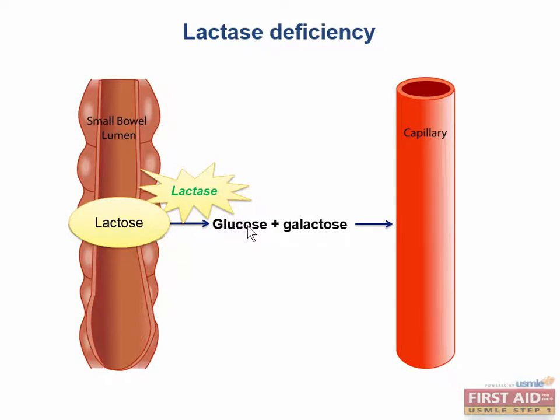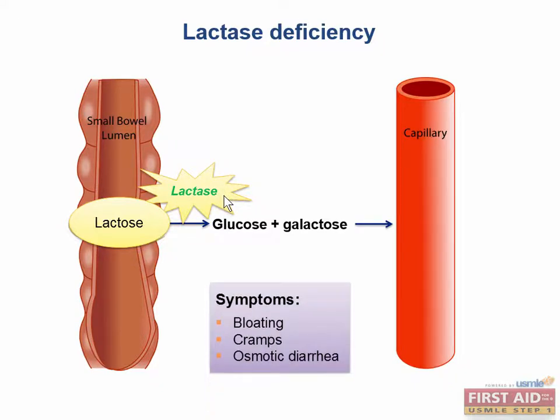A primary deficiency is due to aging or losing expression of the lactase allele, usually seen in people of Asian, African, and Native American descent. Lactase deficiency can also be secondary, which usually is transient following a bout of gastroenteritis or from an autoimmune disease. Lactase deficiency can also be congenital, but this is usually rare. So how does a lactase deficiency typically present?